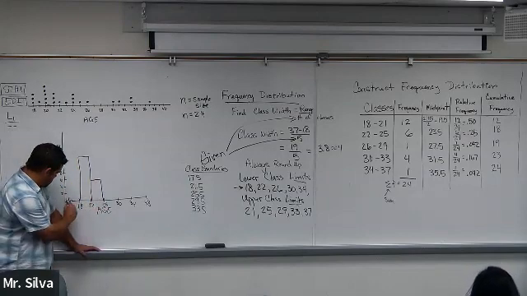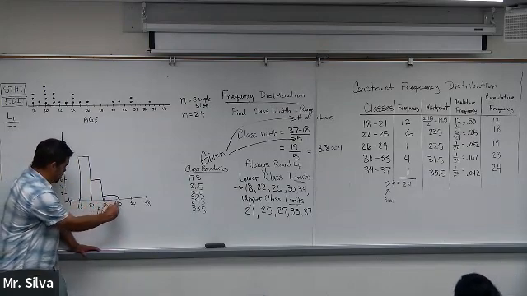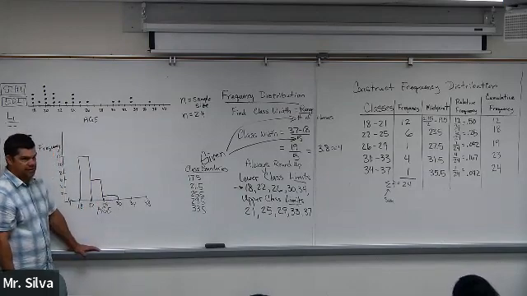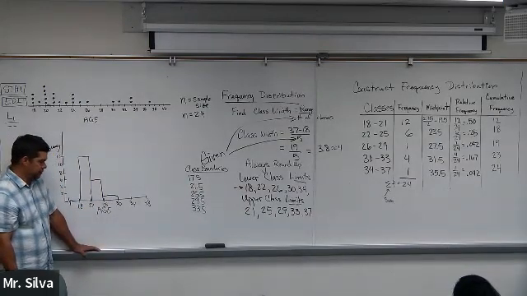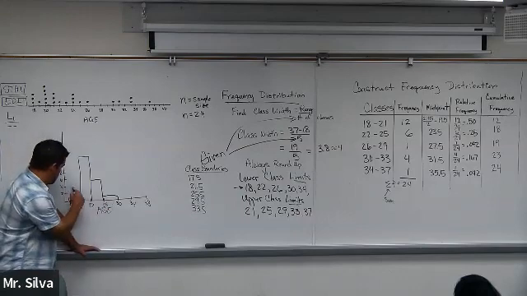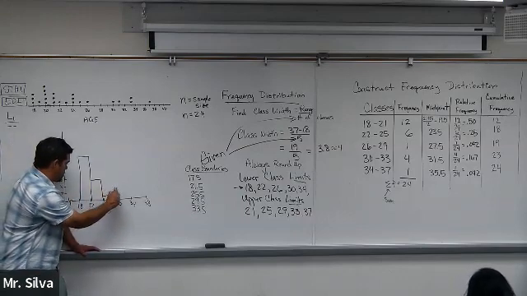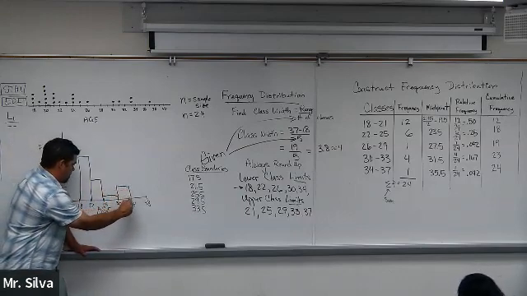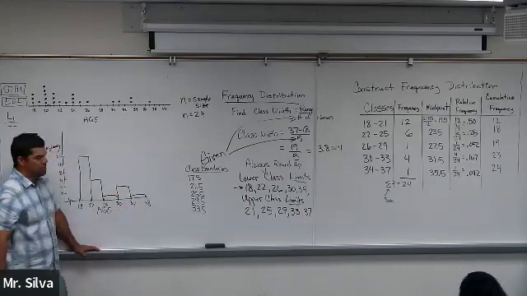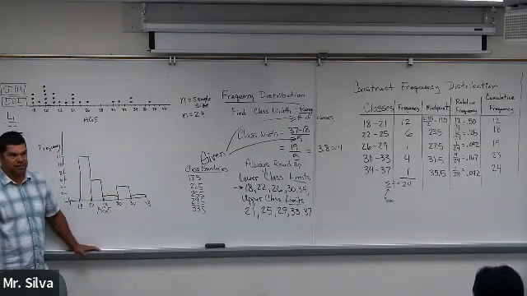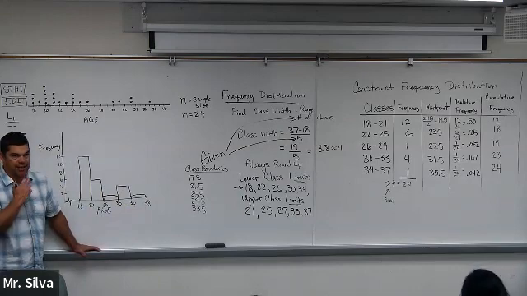Then 1. 1 is down here. There's 1 26 to 29-year-old. Next number is 4. I'm going up to 4. And then back down to 1. So there's my histogram. It just gives us a picture of what the data looks like.